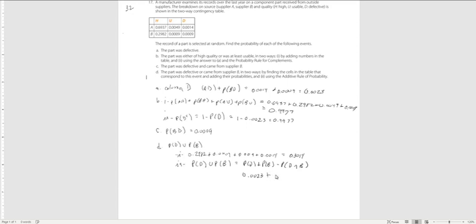So the probability of B is the probability of the outcomes in B, which is 0.2982 plus 0.0009 plus 0.0009.